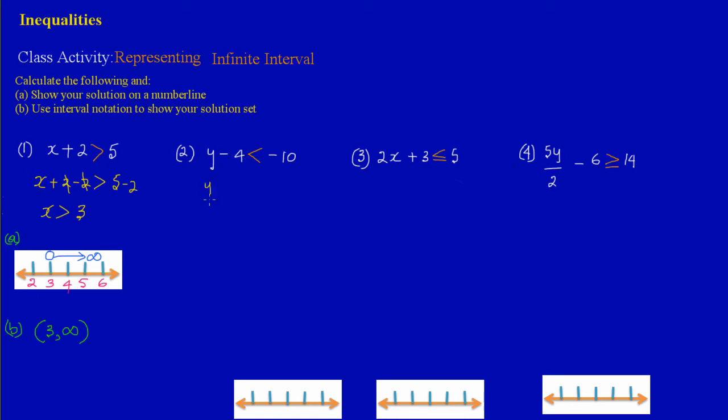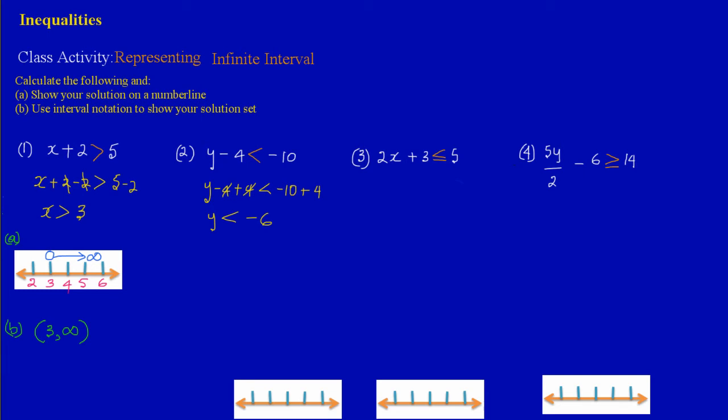So here I would have y minus 4 plus 4 is less than minus 10, and we added 4 to this side, so I must add another 4 to that side. I know a positive 4 will cancel out with a negative 4, hence y must be less than negative 10 plus 4, which will give me a negative 6. Okay, so y is less than negative 6.